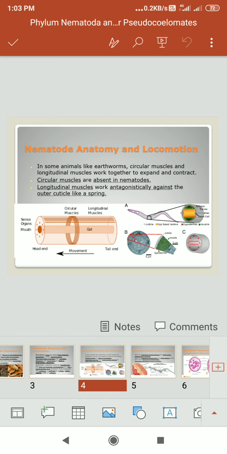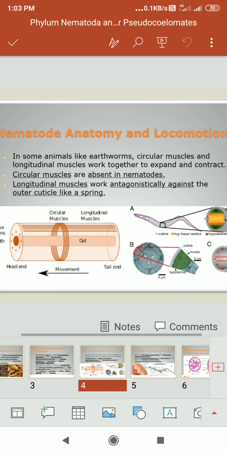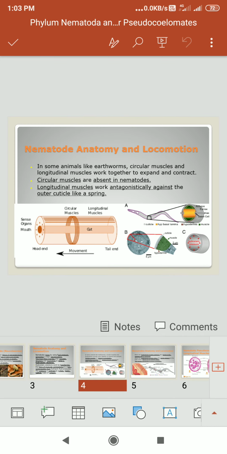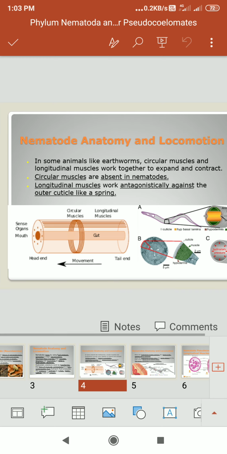So you can observe this anatomy of the nematodes. In some animals like earthworms, circular muscles and longitudinal muscles work together to expand and contract. The circular muscles are absent in nematodes. The longitudinal muscles work antagonistically against the outer cuticle like a spring.